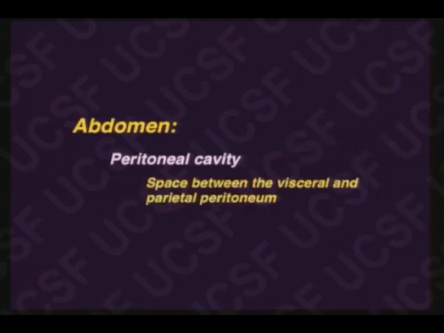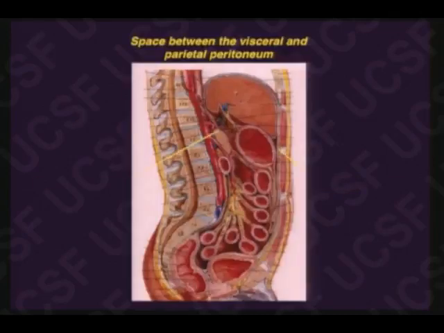So the peritoneal cavity, as you know, is the space between the visceral and the parietal peritoneum. So if we identify our parietal peritoneum and our visceral peritoneum, then the gaps in between are the peritoneal cavity, nicely drawn here for us by Dr. Netter, but as you realize, the gaps don't really exist. Those are simply potential space.